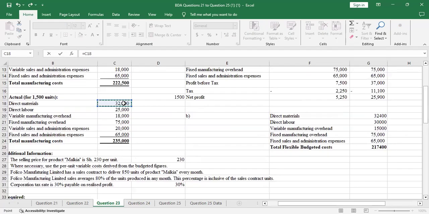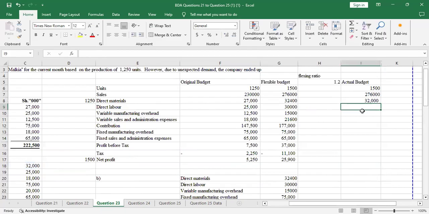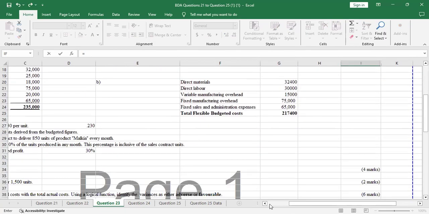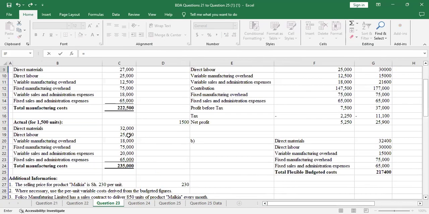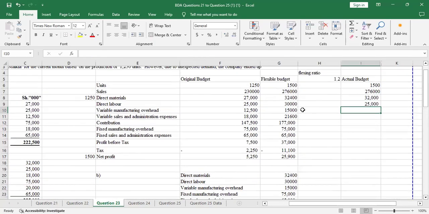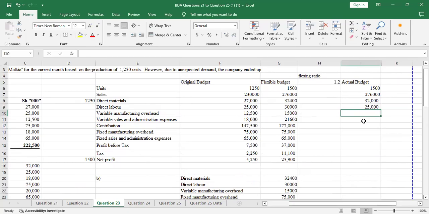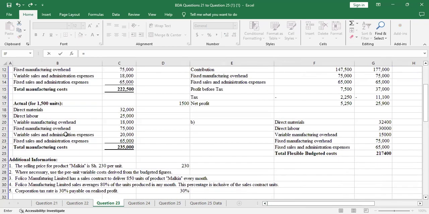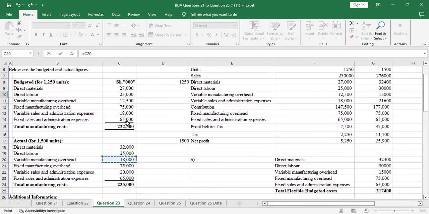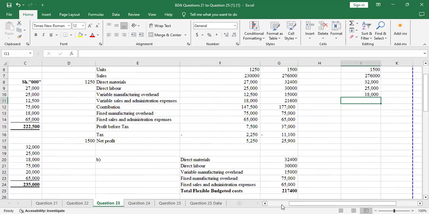So direct material was 32,000. Direct labor was 25,000. Then we have variable manufacturing overhead, which was 18.